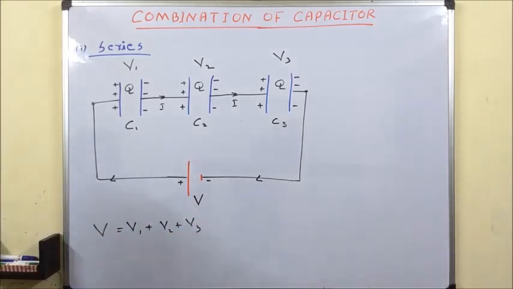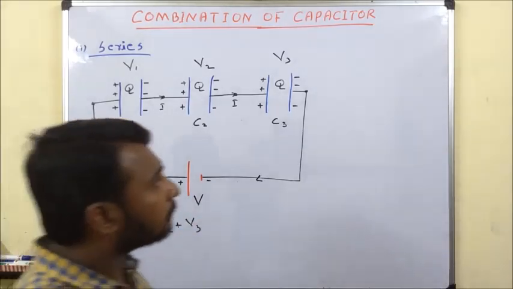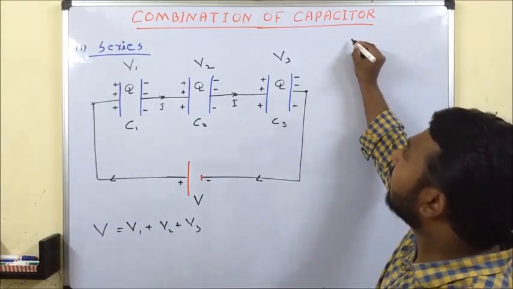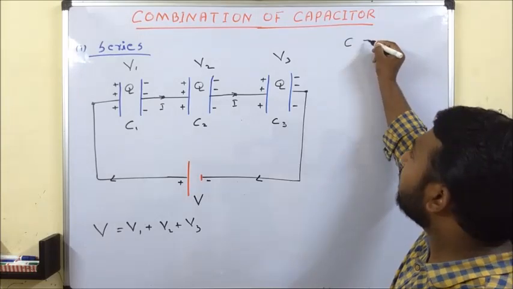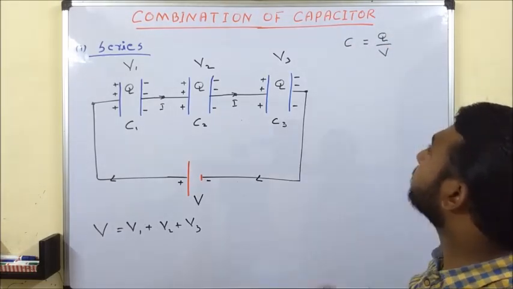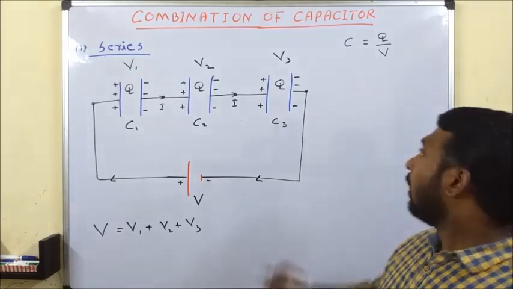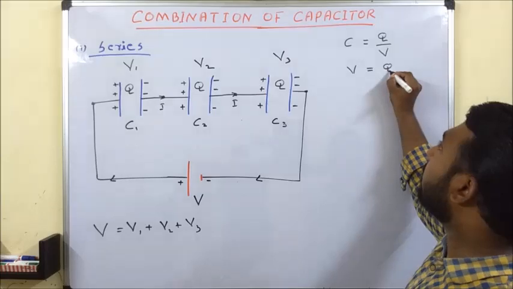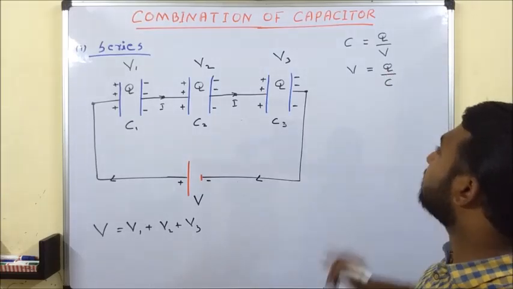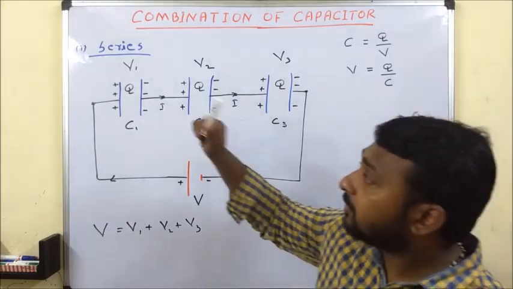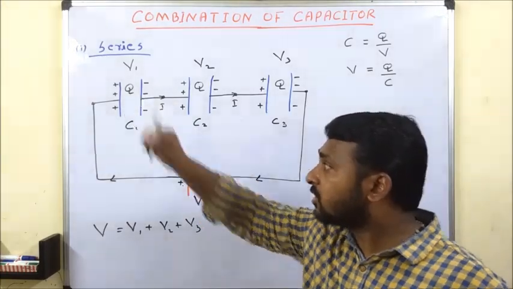Okay, now we have the basic equation, the capacitance C is equal to Q by V. So what will be V? V is equal to Q by C. So what will be the potential difference across the first capacitor?